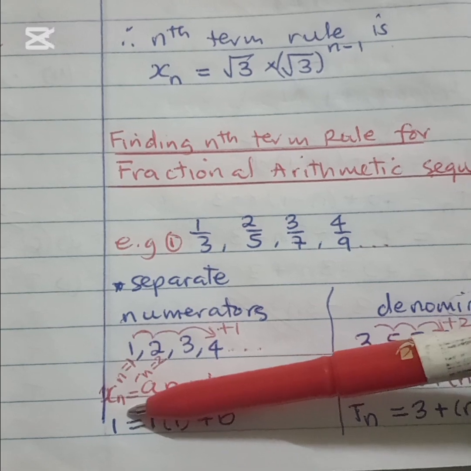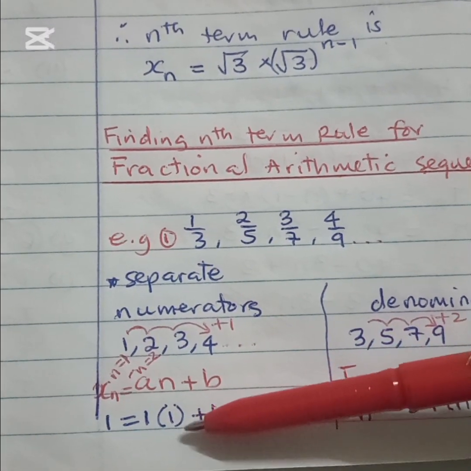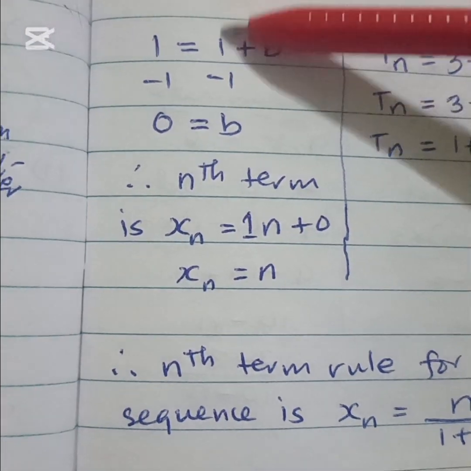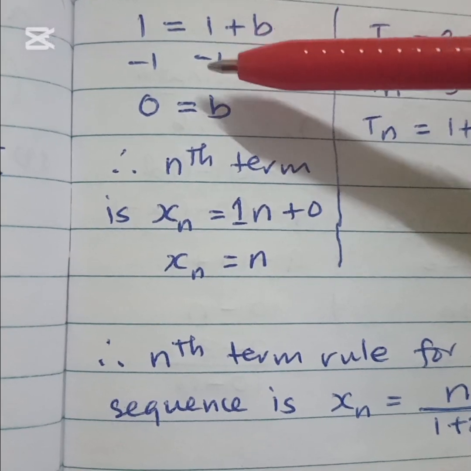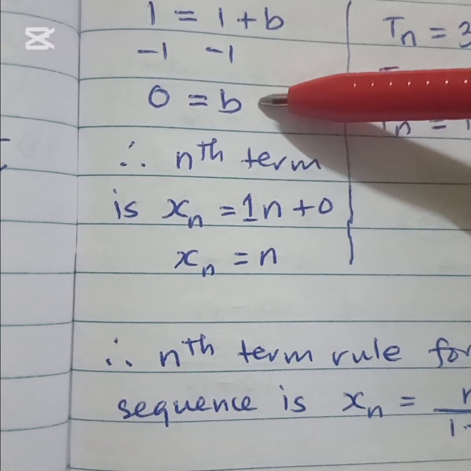That gives us 1 on the left hand side. 1 times 1 is 1, plus b on the right side. To find b, we minus 1 on both sides, giving 0 equals b.